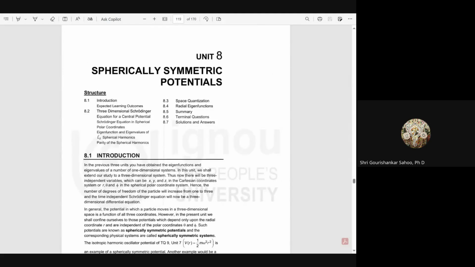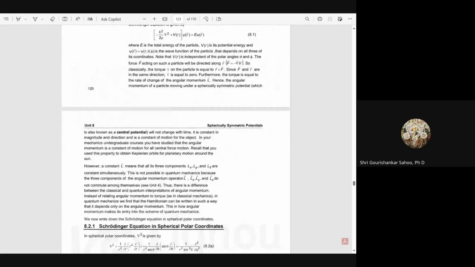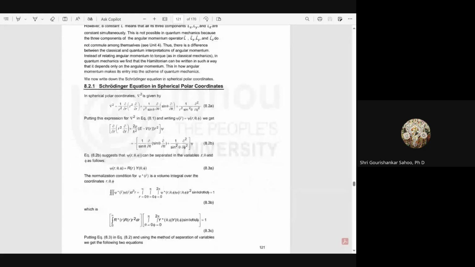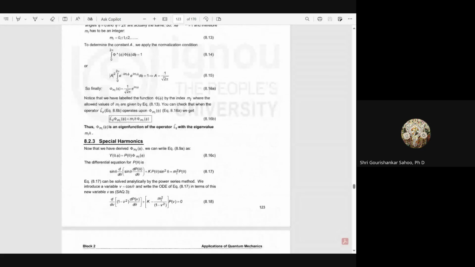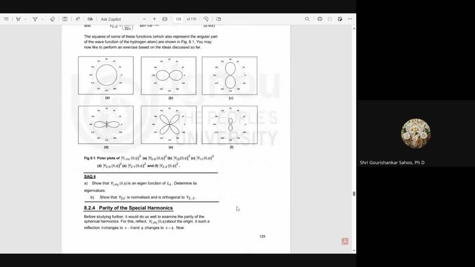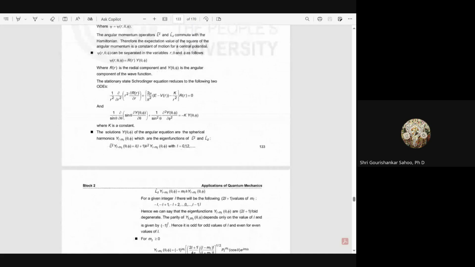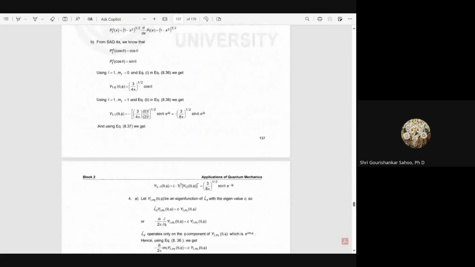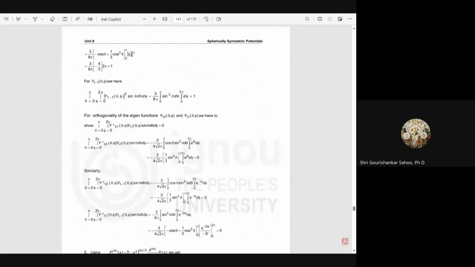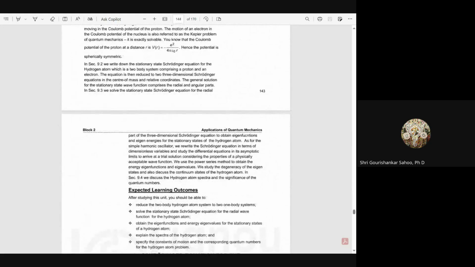Then your hydrogen-like atom. For that, you use spherically symmetric potential, three-dimensional equation. Then in spherical polar coordinates, which I have explained to you today, and its solution for hydrogen-like atom. Hydrogen-like atom problem.